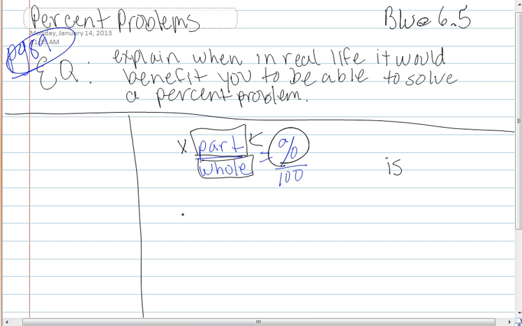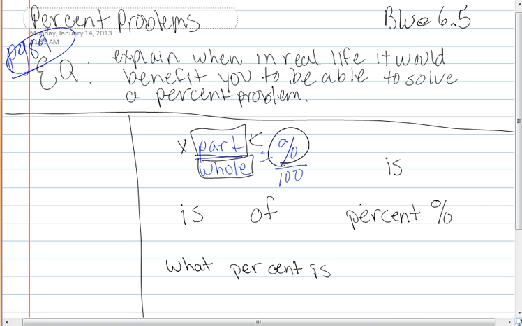Your key words are going to be is, of, and percent. And you might see the word percent, and you might see the percent sign, either one. When you see this written out, you're going to see a word problem. It looks like, for example, what percent is 40?